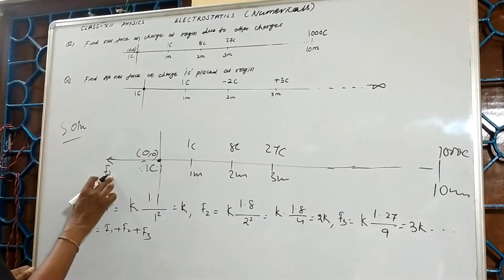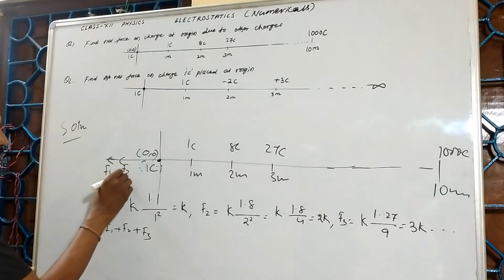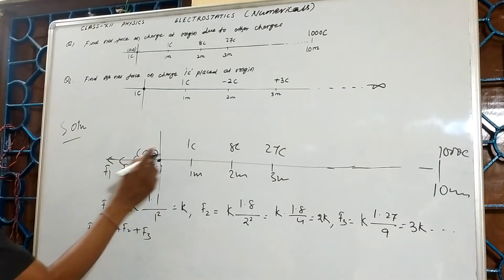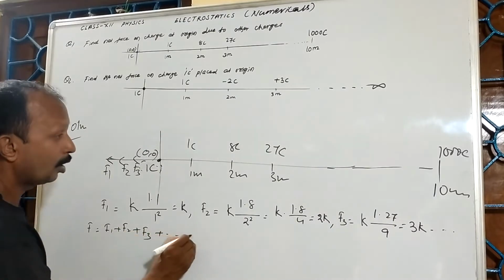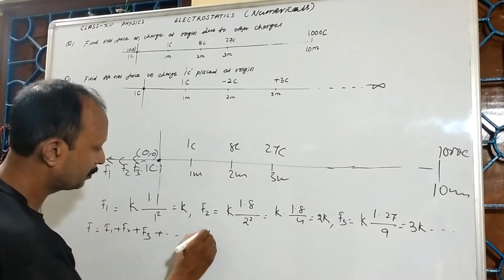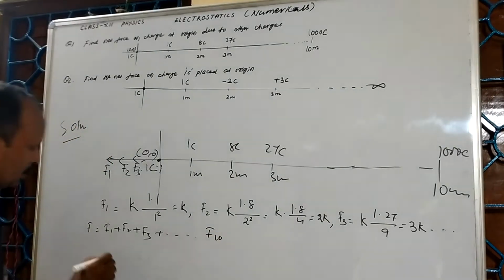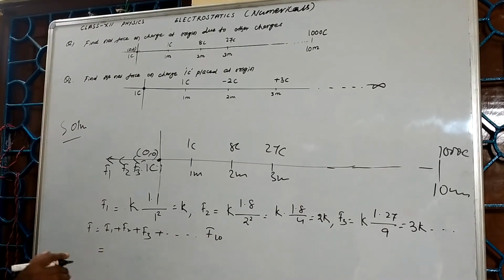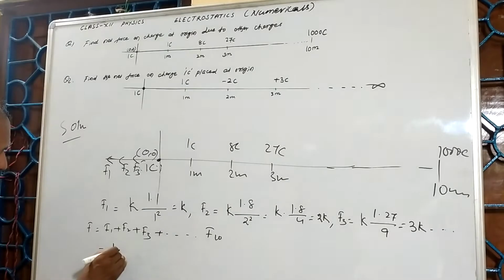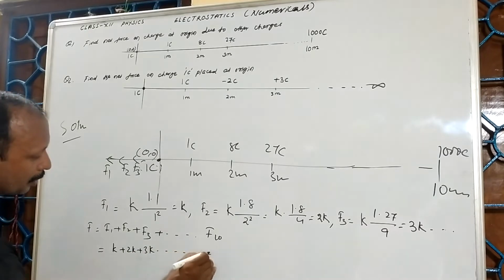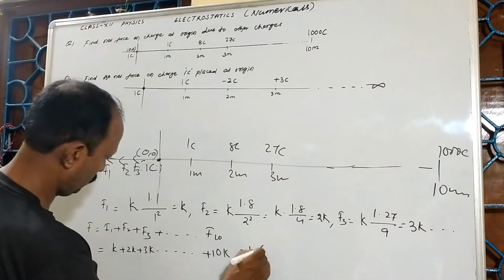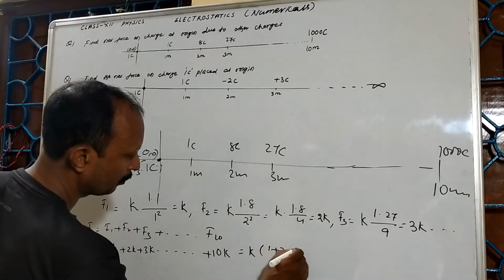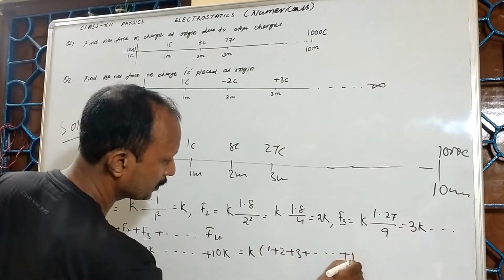Suppose F1 is acting like this, F2 also will act like this, F3 also like this. So F1 plus F2 plus F3 up to 10 meter, that means F10. I can write it as K plus 2K plus 3K up to 10K, or K into (1 plus 2 plus 3 up to 10).